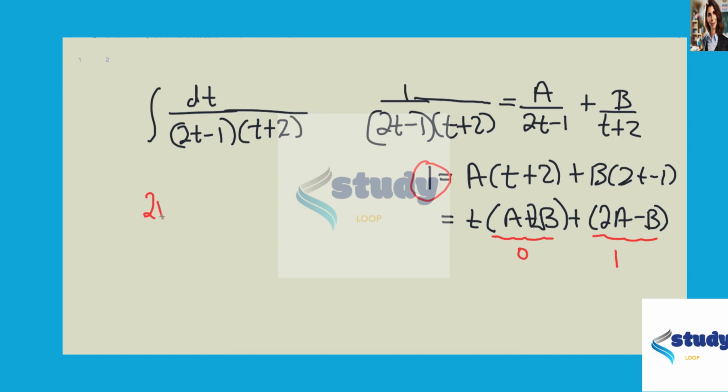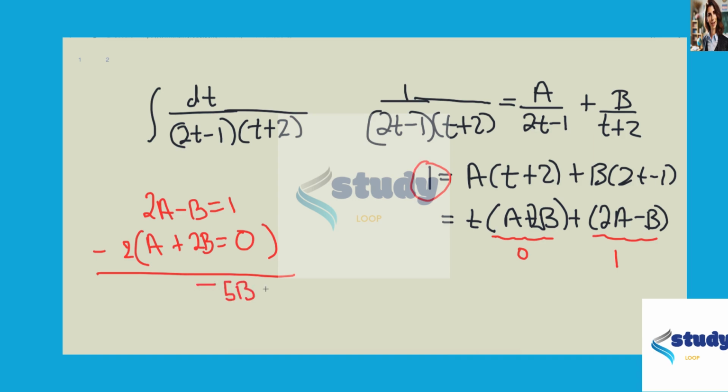So let's put these equations together and solve. This equals 1, and here equals 0. So let's subtract 2 times the second equation from the first. The 2 A's cancel. Then we have negative B minus 4B. That's minus 5B equals 1.